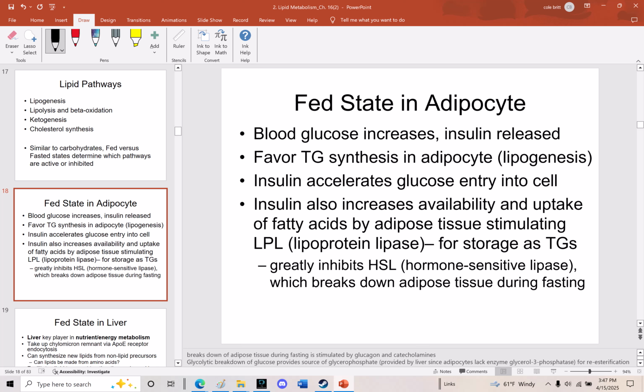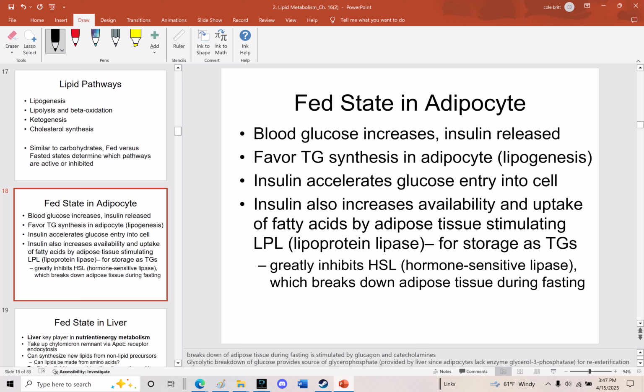We're going to talk about your others later, like LDL and HDL. But chylomicrons are lipoproteins, and so they need a lipoprotein lipase. Lipoprotein lipase is going to pull the fatty acids off of that triglyceride in order to get them into the cell. So without lipoprotein lipase, you can't actually pull the triglycerides from the chylomicrons.